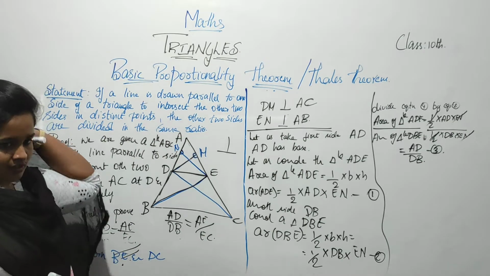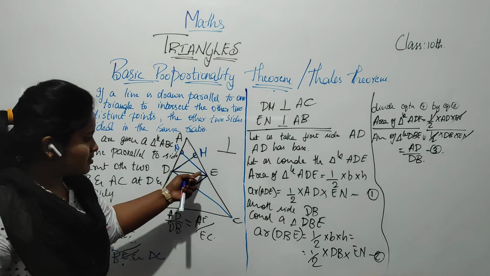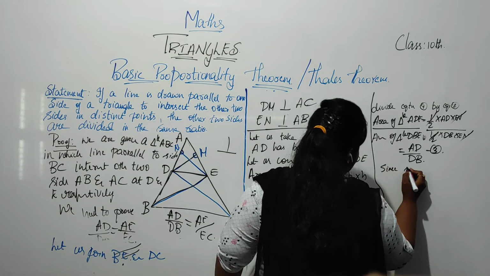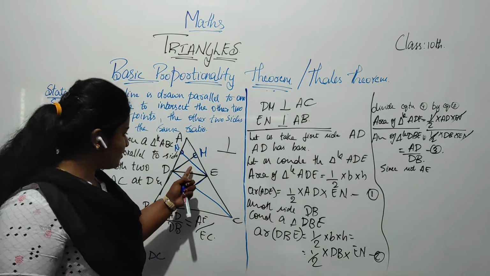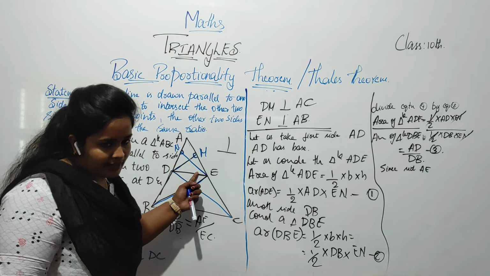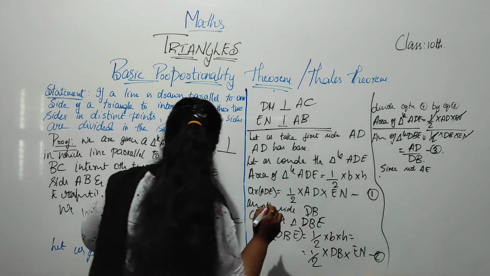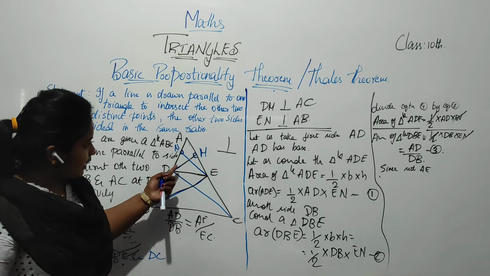Since there is one more side AE, from the side AE consider triangle ADE.